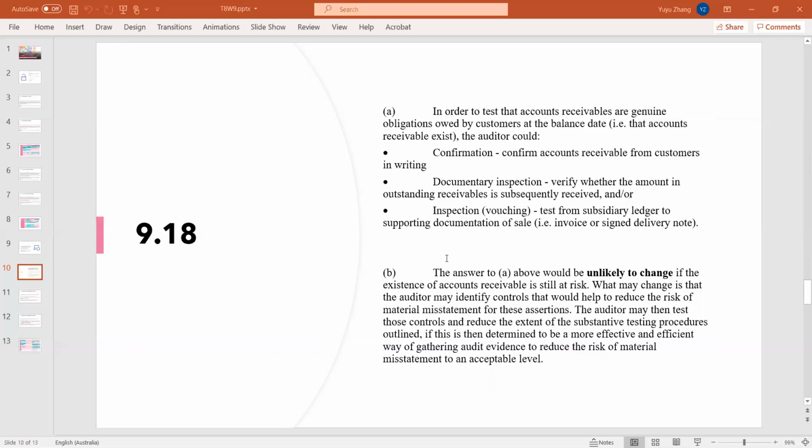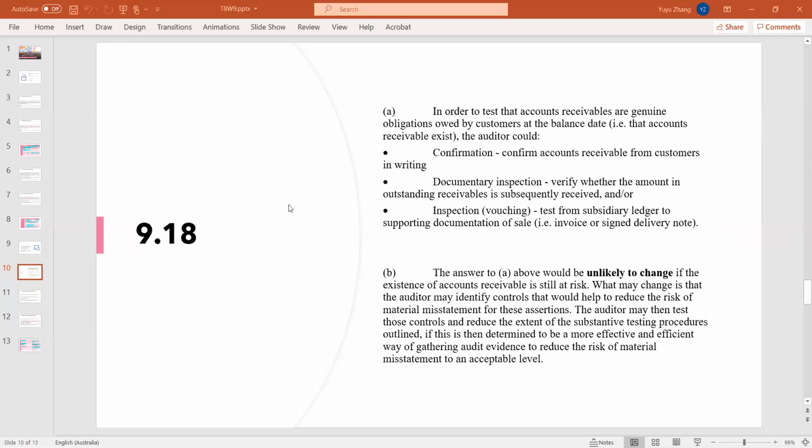So the first audit test would be external confirmation: confirm receivables from customers in writing. The second one would usually be the corresponding transaction test. So you do a sample test on the documents, vouching from subsidiary ledgers to the supporting documents of sales.